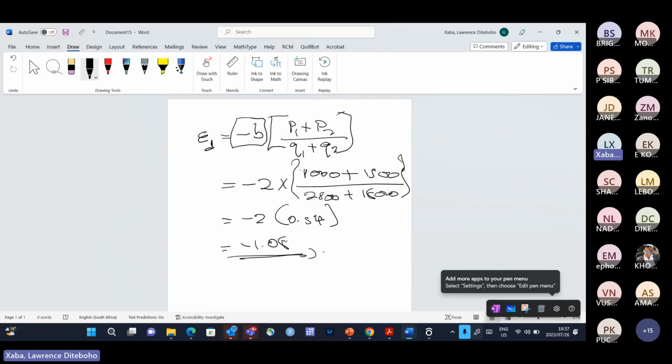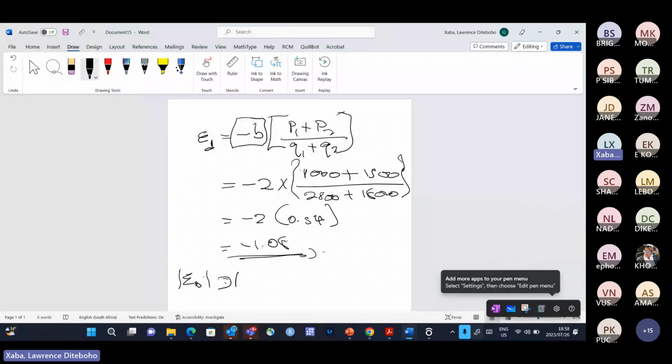So this is our value. When we apply the rule, our value is greater than 1, so it means demand is elastic over the given interval.